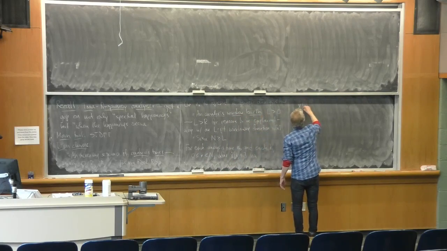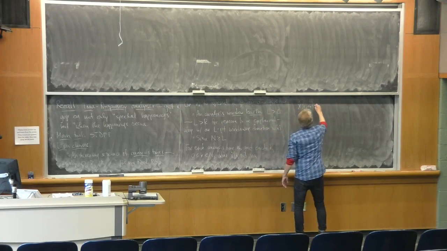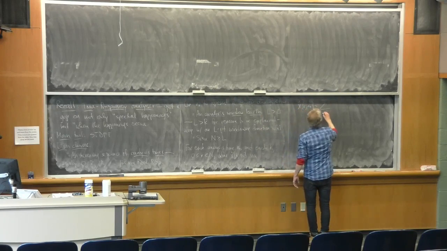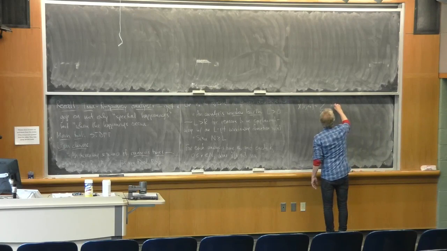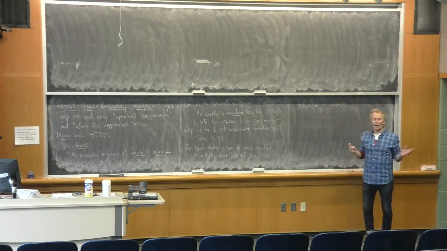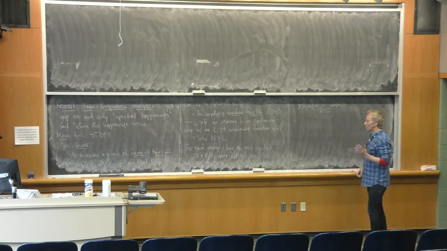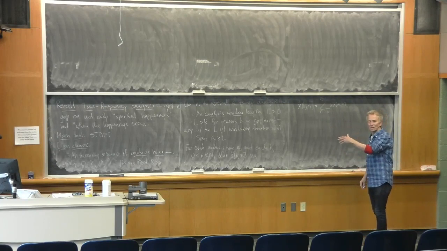X hat of k, n sub s equals the sum from little n equals 0 to L minus 1 of w of n times x of n sub s plus n, e to the minus j n k 2 pi over N. And that's for 0 less than or equal to k less than N. By the way, x of n is the sequence, the signal you're analyzing using the short-time DFT. I was going to remind you of the context here. You have this long discrete-time signal x of n.